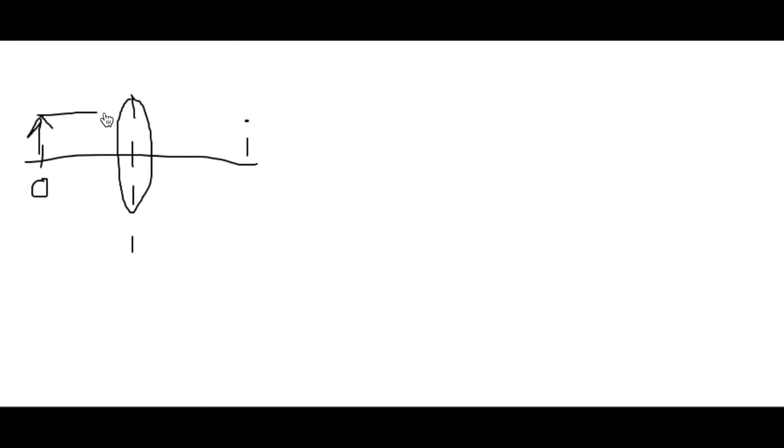Okay, now what's being drawn is a concave mirror. And you know that this one is concave because the focal point and the object are on the same side, which is both in the mirror.